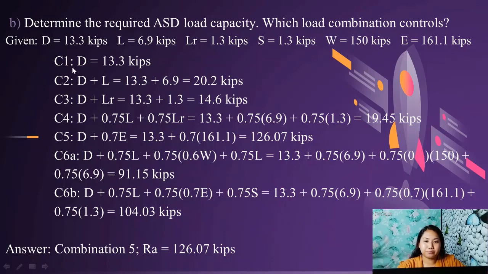Then our combination is higher because the required strength is higher, which is combination 5, 126.0707 kilopascal.